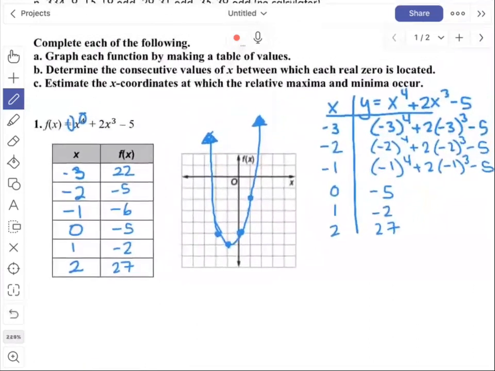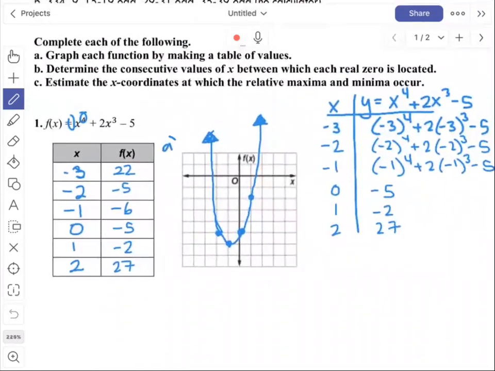Okay, part B. So that was part A. Part B is asking us to determine the consecutive values of x between which each real zero is located. I know the real zeros are where it hits the x-axis. So I see two real zeros.